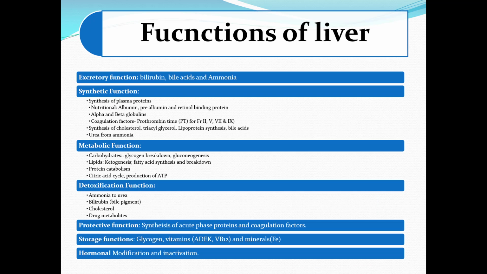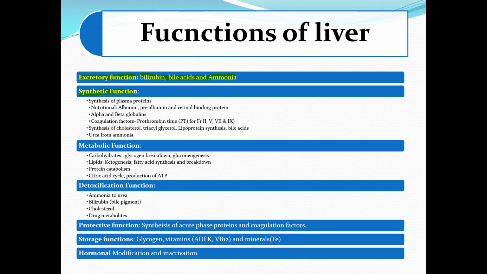It is good to know the functions of the liver so that you can understand the tests. The first is the excretory function of the liver, diagnosed by the presence of bilirubin, bile acids and ammonia.